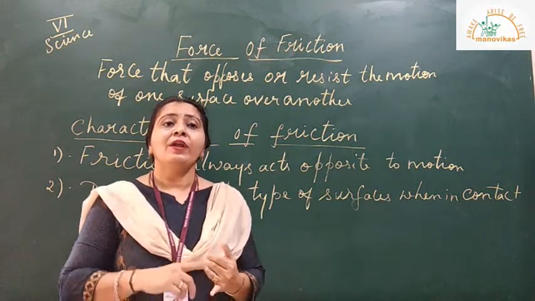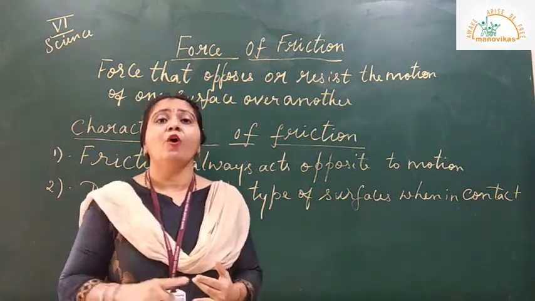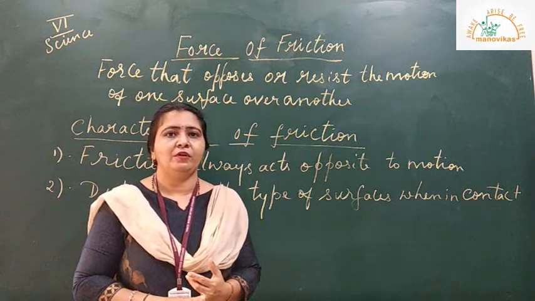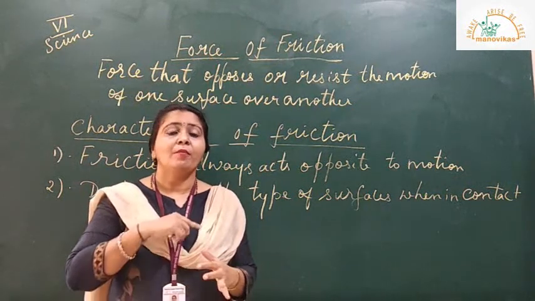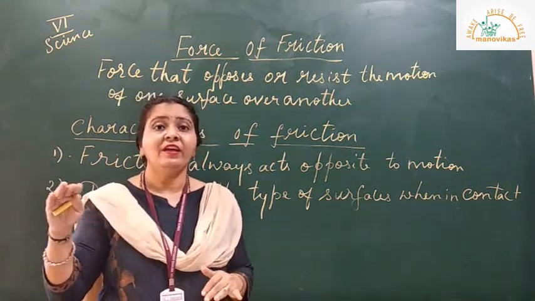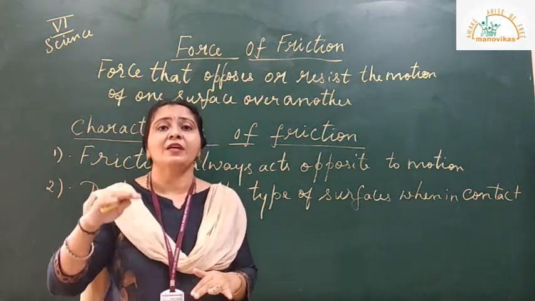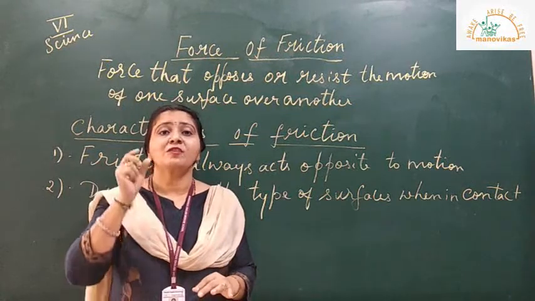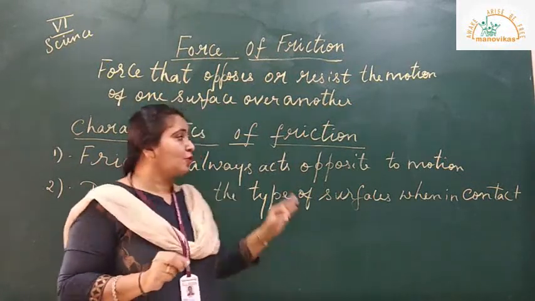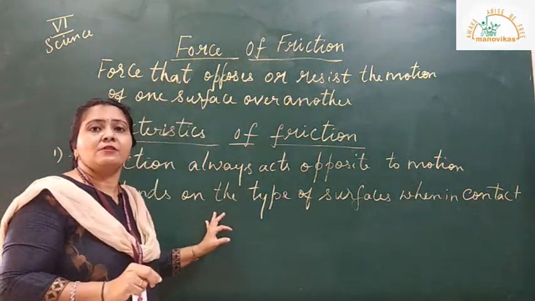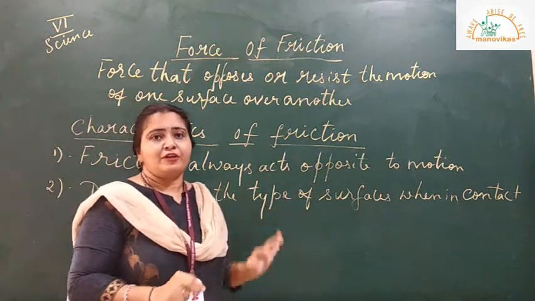That is why the rolling ball moves for a longer time on a smooth floor. It moves for a longer time because the friction is less. So that is the second characteristic of friction.